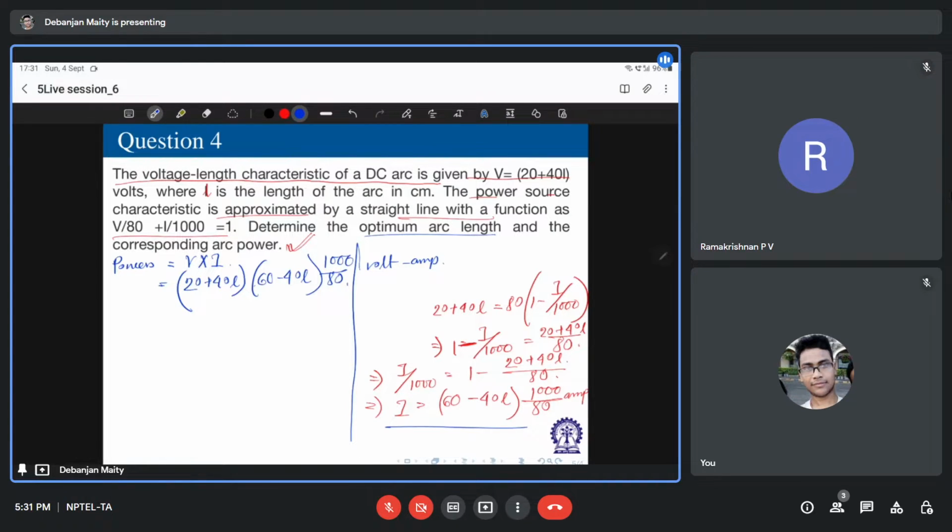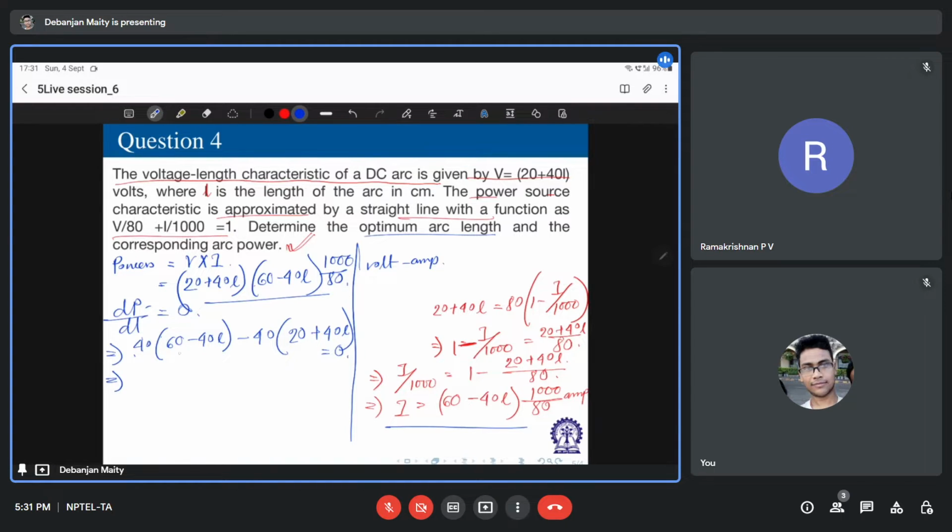So for optimum arc length, it will be simply dP/dL equal to 0. And if we do some derivative here, 40 into 60 minus 40L minus 40 into 20 plus 40L.